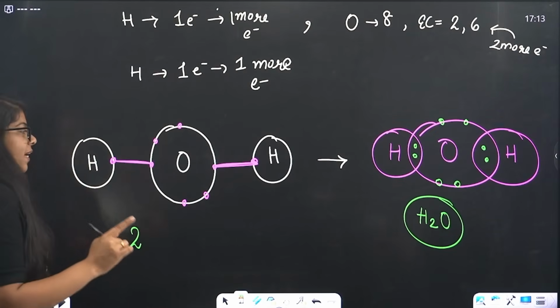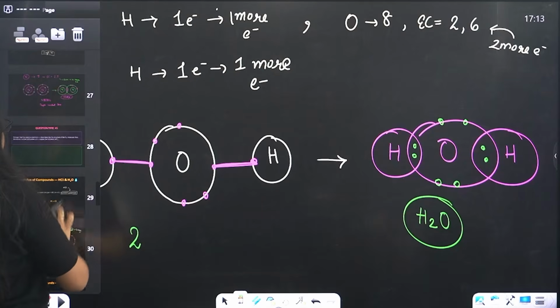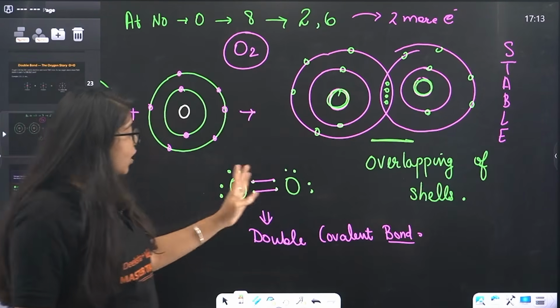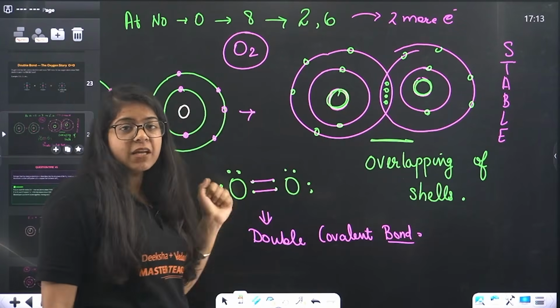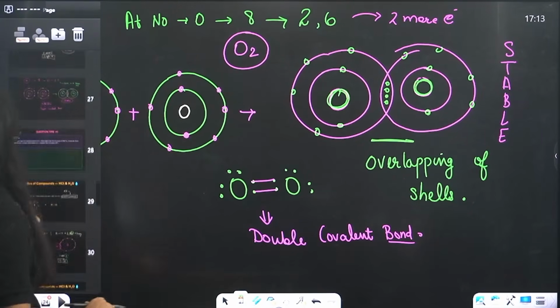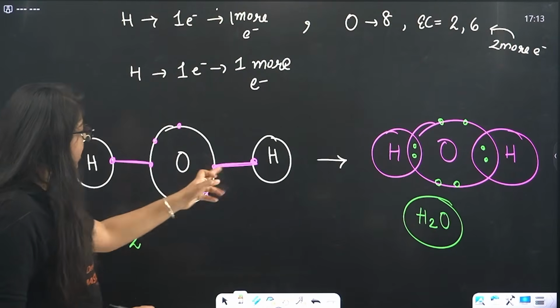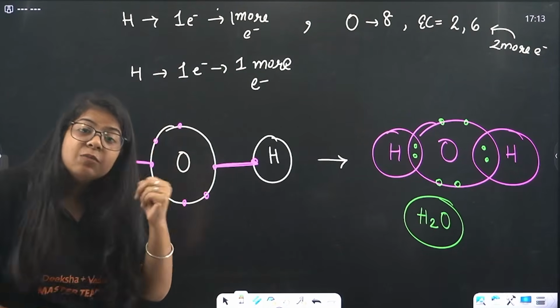Look at this very carefully. Here we had double bonds: 4 electrons were shared between 2 oxygens. What is different here? Oxygen is also sharing 4 electrons, but it is happening between 3 atoms.